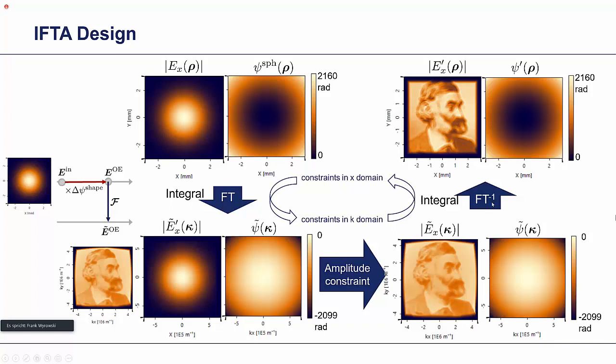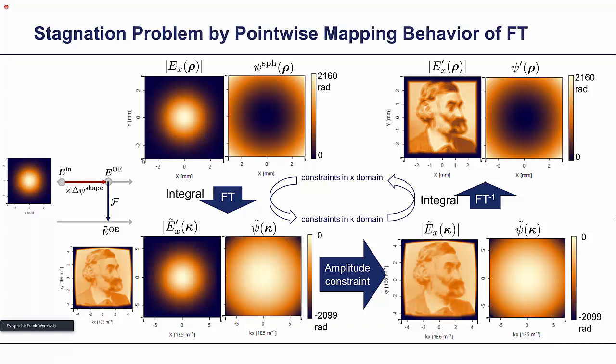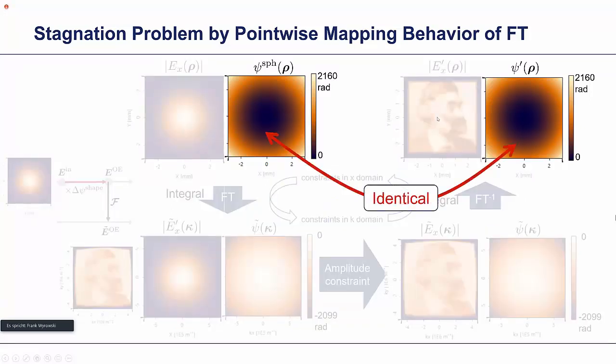And now you see already, there's a problem. Here it's a mapping style, here's a mapping style. And if you investigate it even more, you see, in this case, the phases are identical. Or in short, the iterative Fourier transform algorithm doesn't work. It stagnates. The reason is that, in fact, the Fourier transform starts to behave like a pointwise mapping.